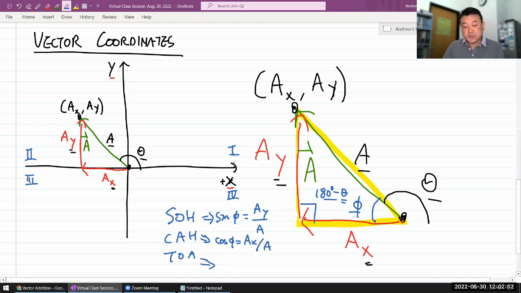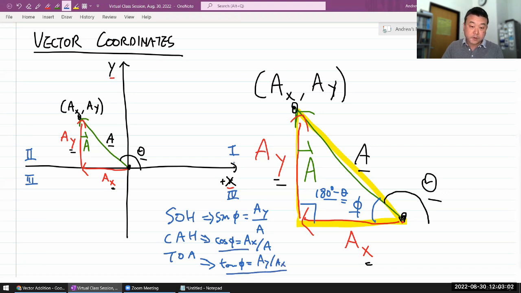And TOA is the mnemonic for tangent of phi, opposite A_y over A_x. If you remember all these from your trigonometry and geometry class, that's all you need to convert between the polar representation and the Cartesian representation.